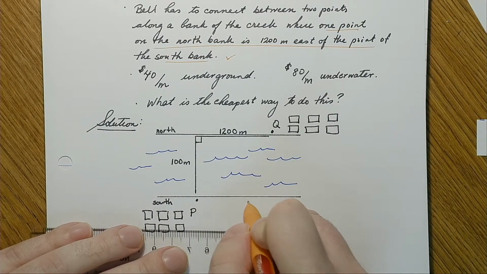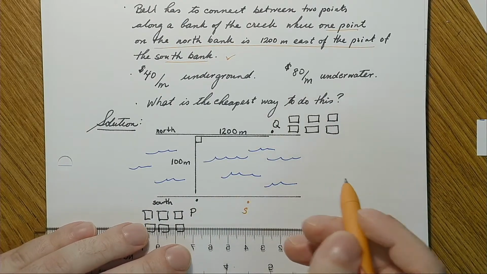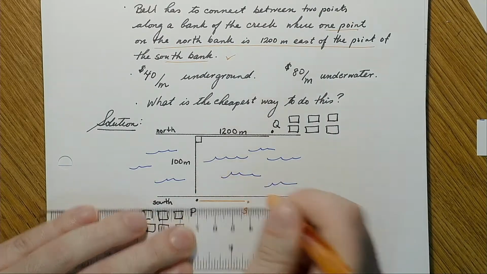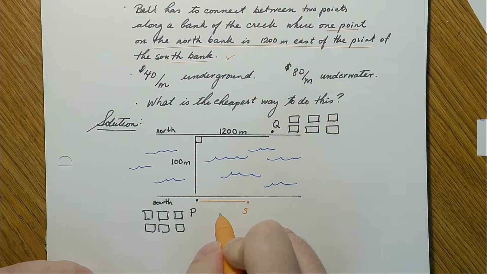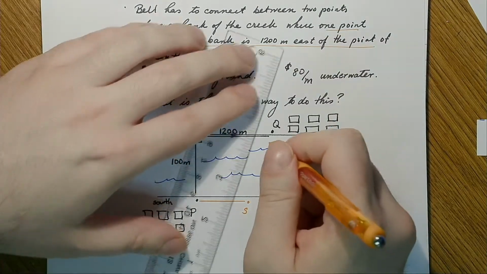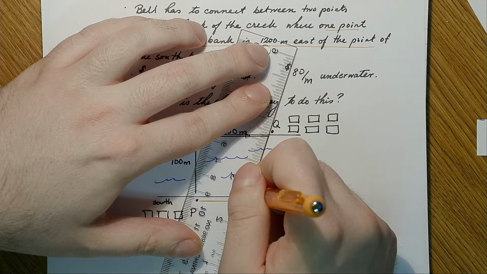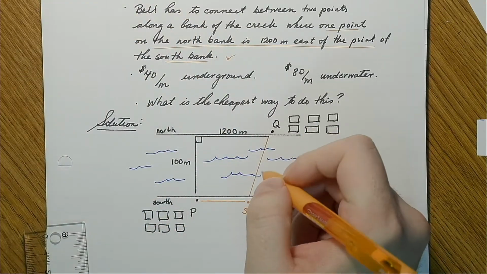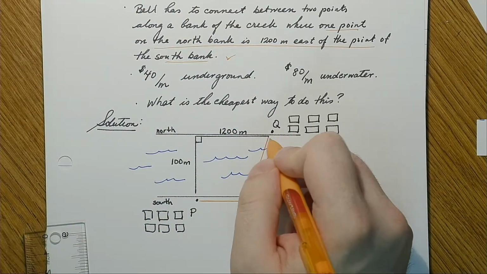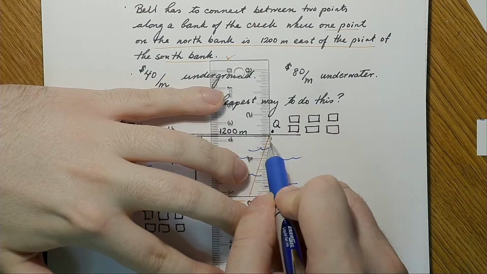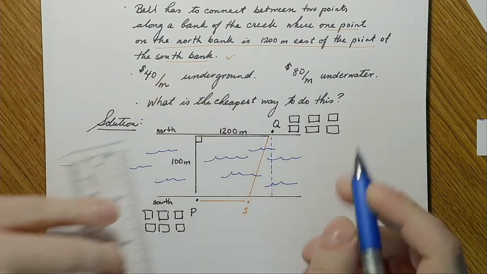We'll call this point S. So the idea is I need to lay some cable here, and then go across the water somehow in a straight line, the hypotenuse of a right angle triangle.